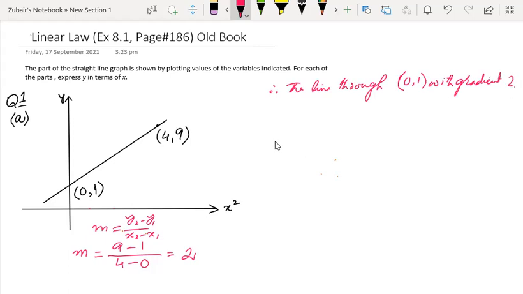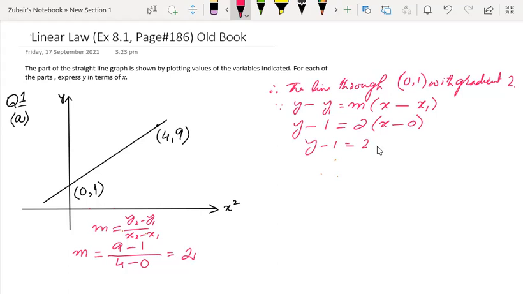So we will use the formula y minus y1 equal to m into x minus x1. So we will put the values. So y minus y1 is 1 and m is 2, x minus x1. So y minus 1 is equal to 2x.